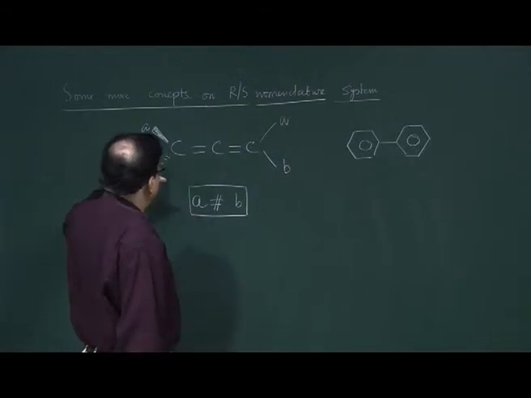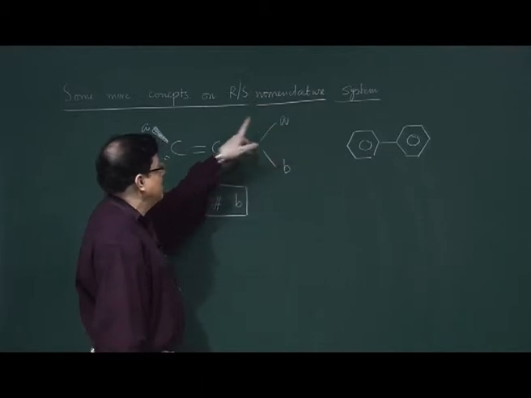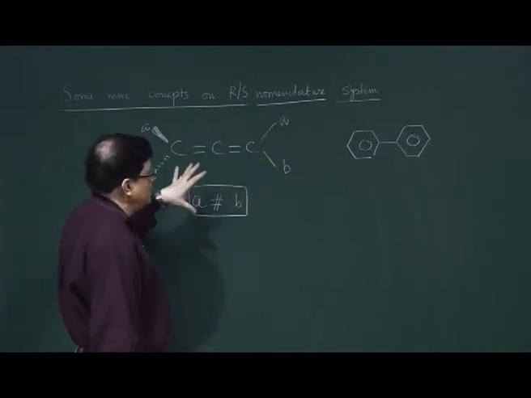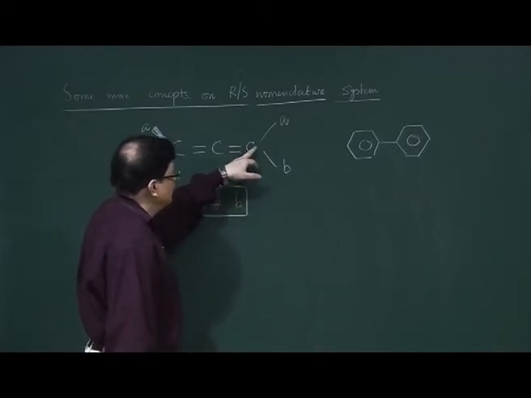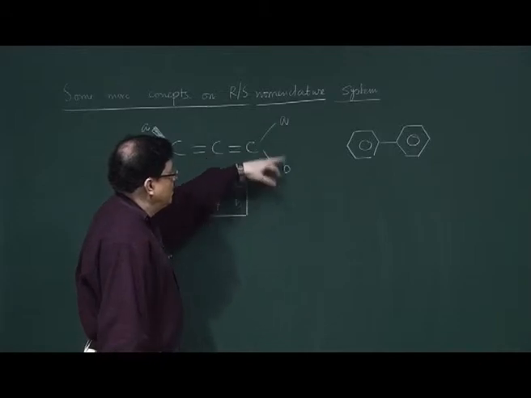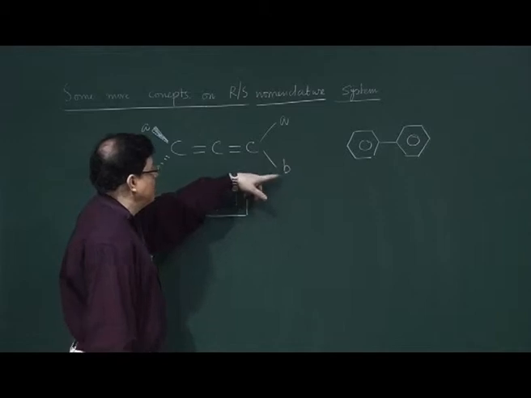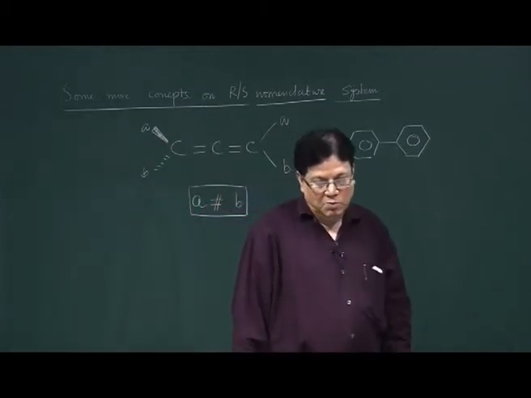You can notice that the groups on this carbon and the group on this carbon, they are attached to the same groups, but still they are chiral, because the chirality restriction is that on one side the terminal groups A and B should not be the same. If they become same, then there exists a plane of symmetry in this molecule.